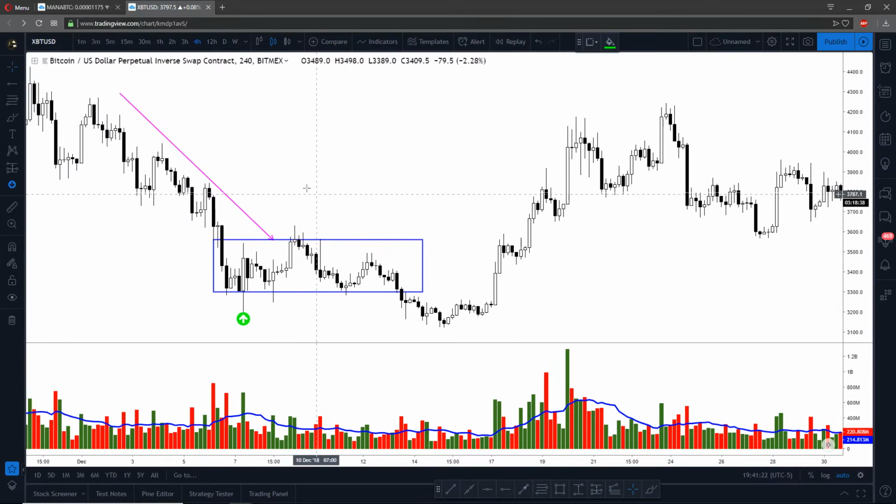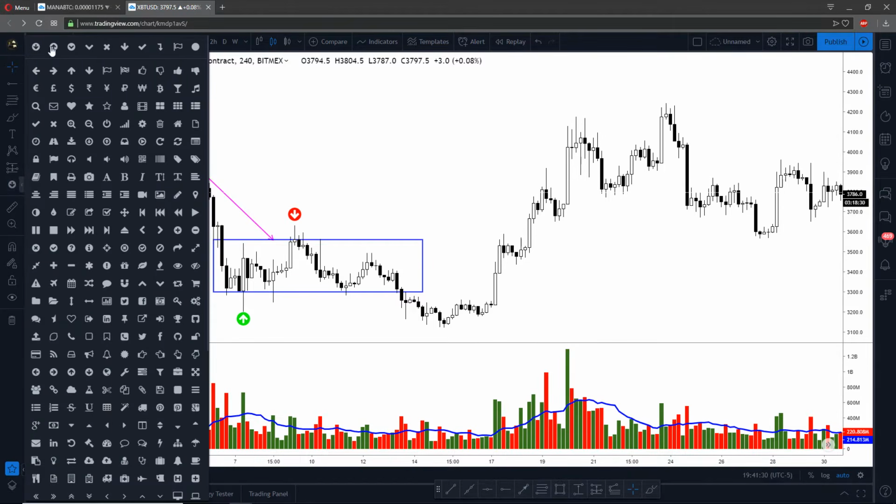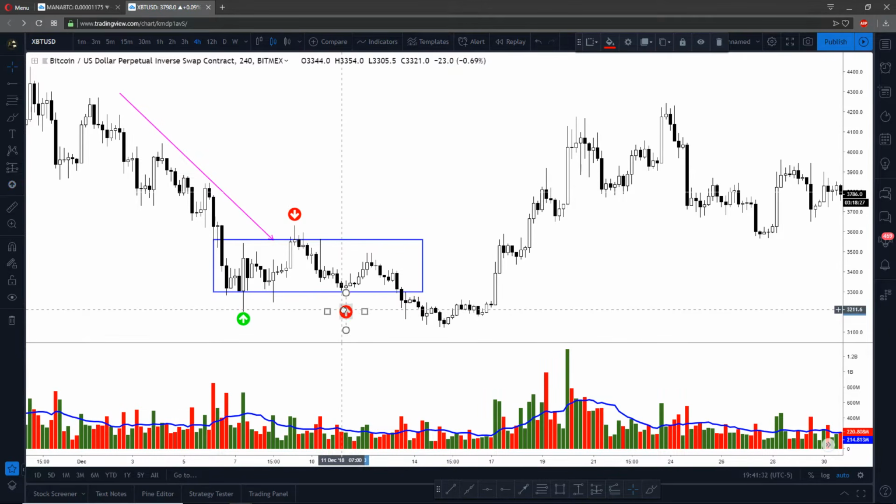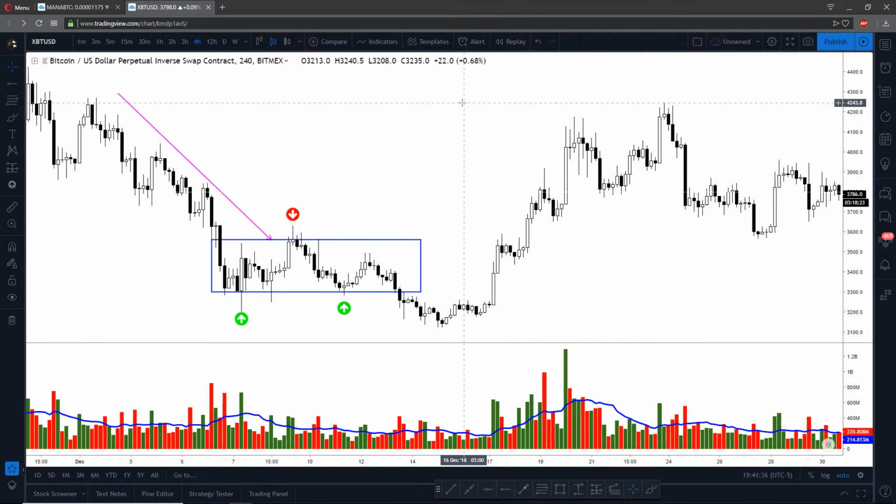We see the start of the failure here. This validates the accumulation. Then we see the second test of the accumulation low. Or excuse me, this would be the first test. Or that would be the second test. This is the first test. Accumulation low, but look at the volume.